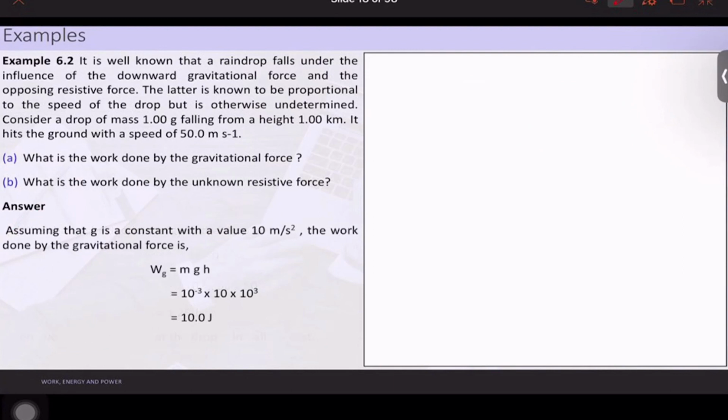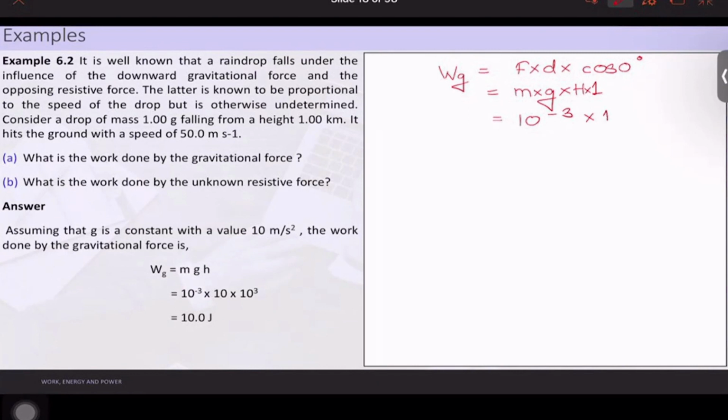Fine. So assuming that g is constant with a value of 10, the work done by the gravitational force, as we understood in the starting, will be equal to force into displacement into cos of 0 degrees, which is m multiplied by g multiplied by 1, into height multiplied by 1. Mass is given as 10 to the power minus 3.